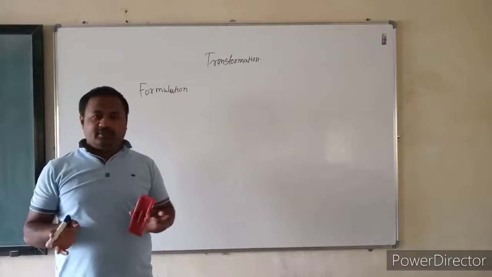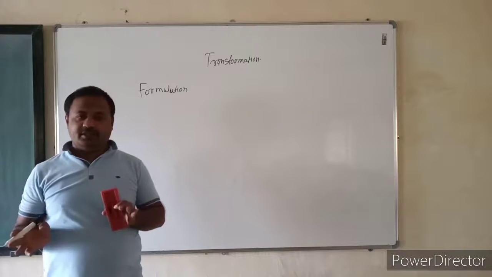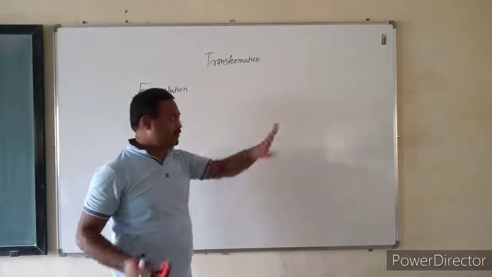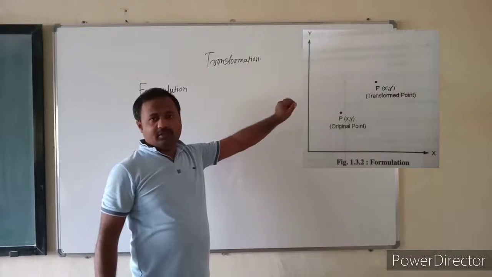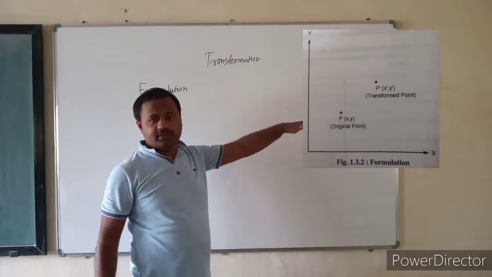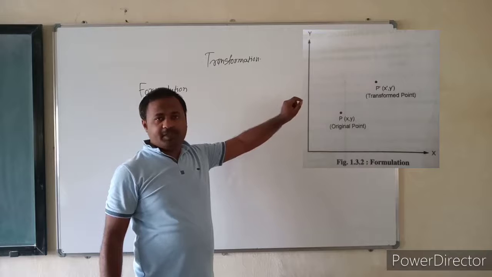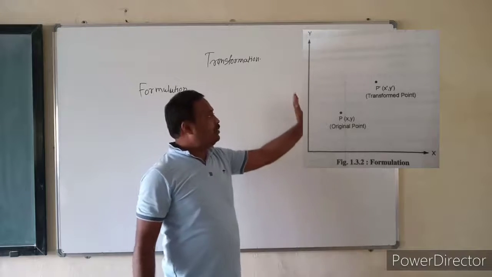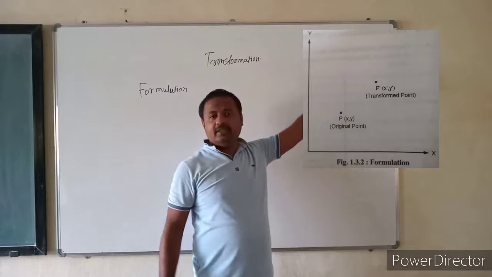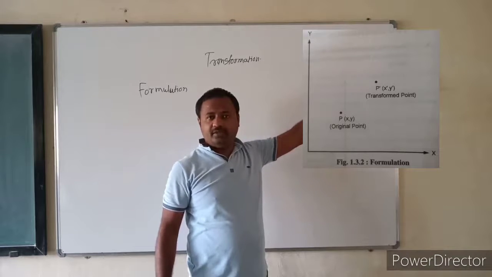In any two-dimensional space, we have here in the image one 2D space in which point P has coordinates x, y and it is transformed to point P dash with coordinates x dash, y dash.